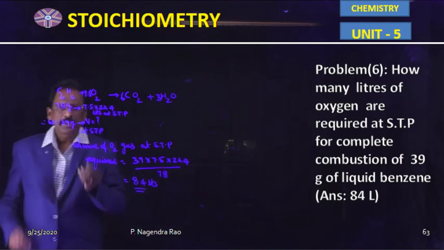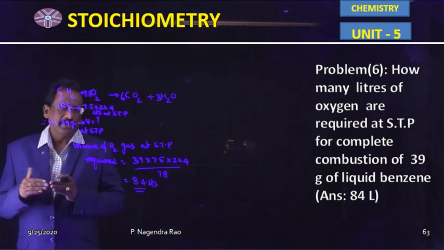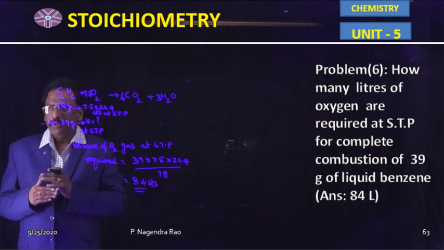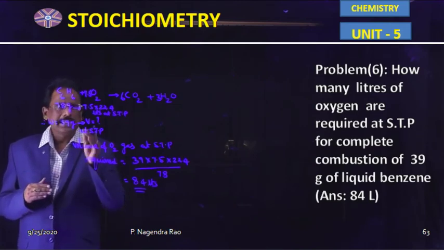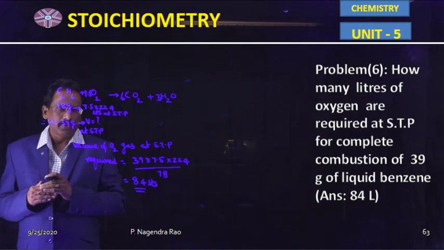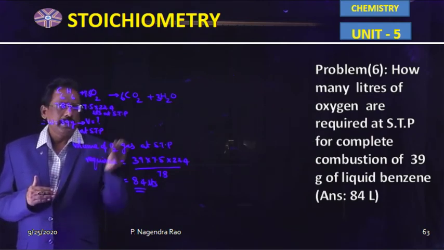So this is the combustion reaction of benzene. 1 mole benzene requires 7.5 moles of O2 and produces 6 moles of CO2 and 3 moles of H2O.